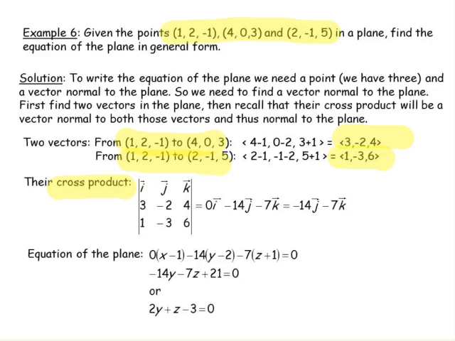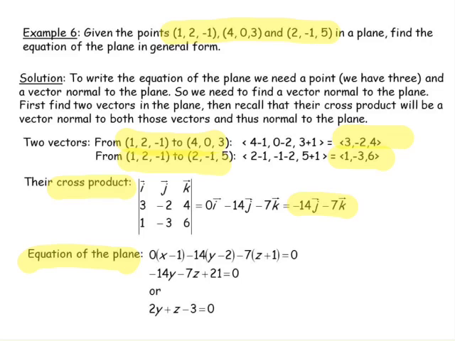So now here is the vector that is orthogonal, and we can use any point to write the plane. And so when I write the equation of the plane down here, I went ahead and used the first point. Since there is no x component to the vector that is orthogonal, our x's disappear.